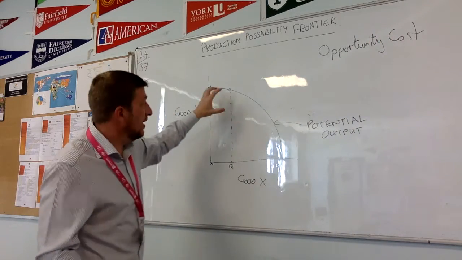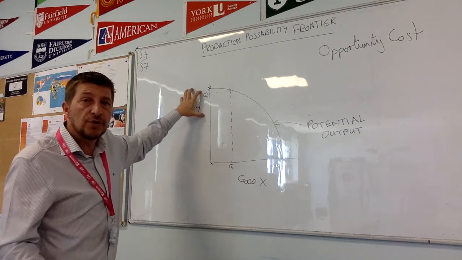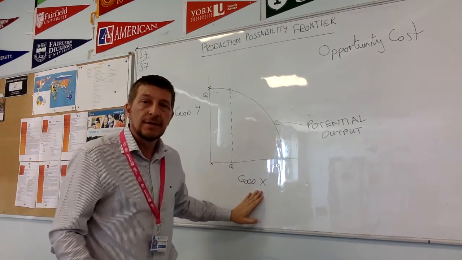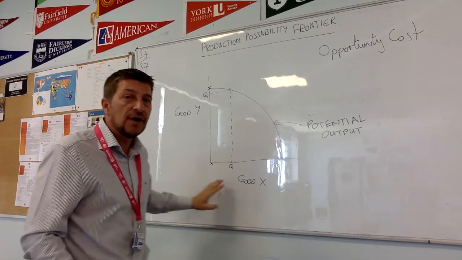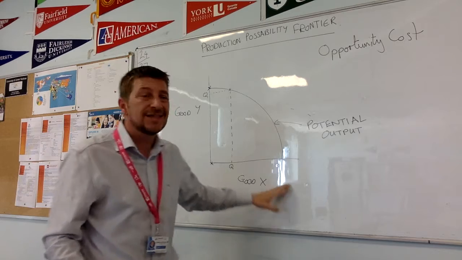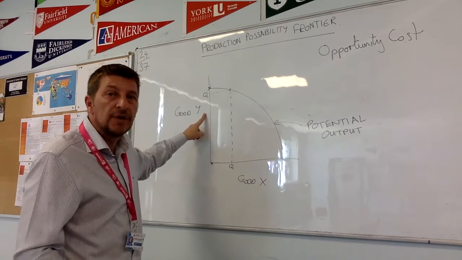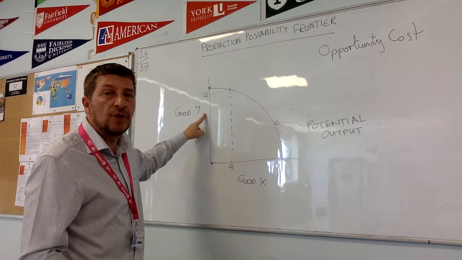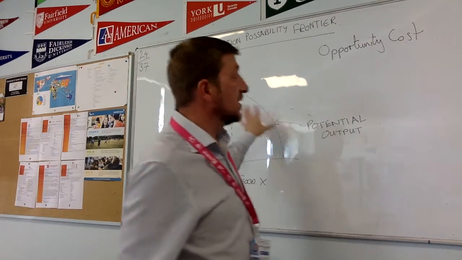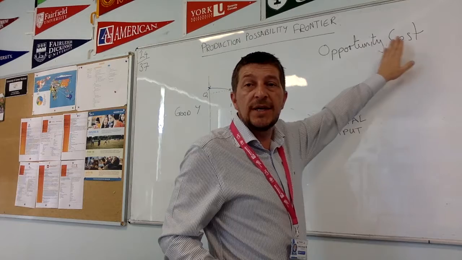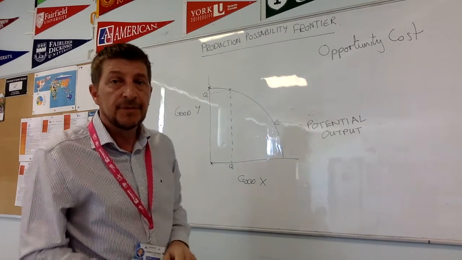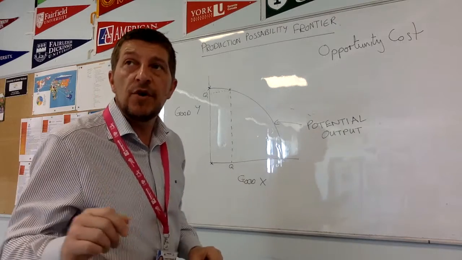If I give up some of my production of good Y, then I gain good X. If I choose to increase my output of good X, I have to give up some of my output of good Y. Okay, so in that sense, we can use this diagram to show us this basic concept of opportunity cost.